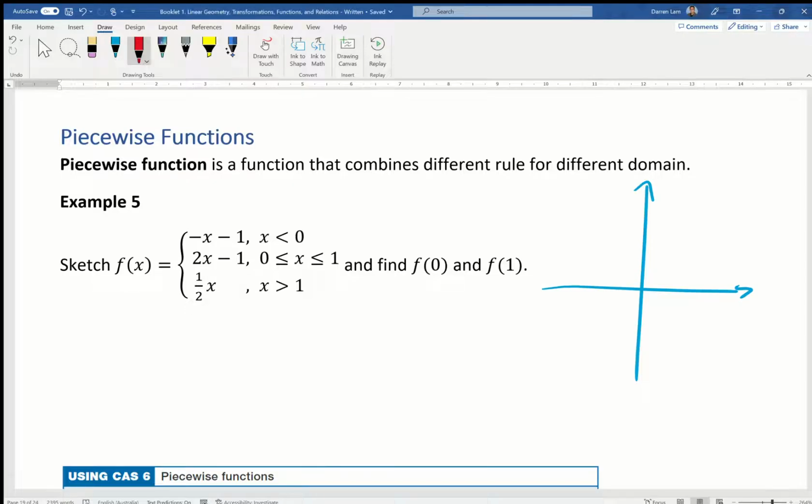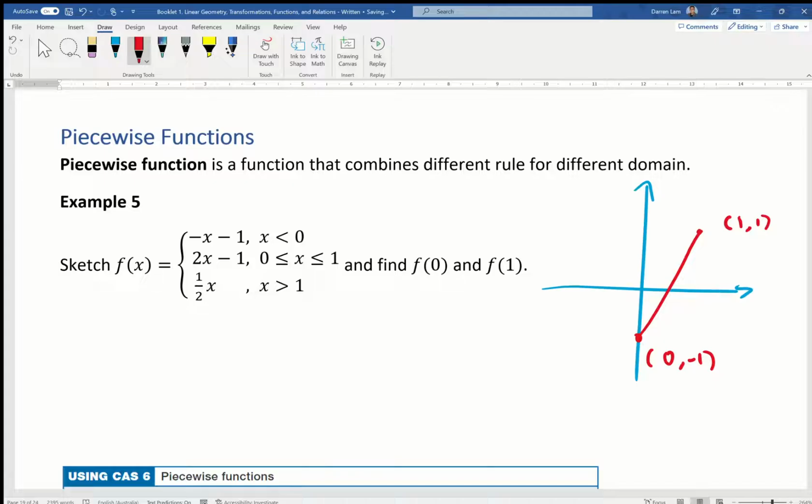If I substitute x equals 0 into that function, I get -1. I also know that if I substitute 1 into my function, it goes up to 1. It's 2x minus 1, so I just connect the dots. That middle one's done.